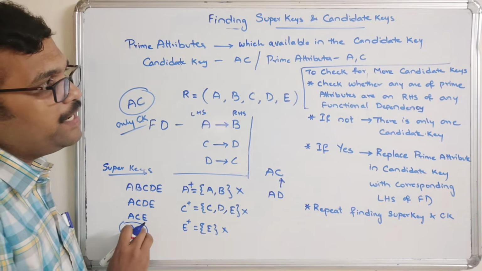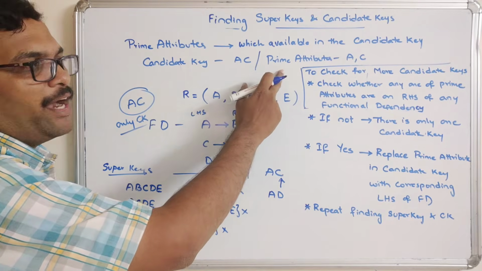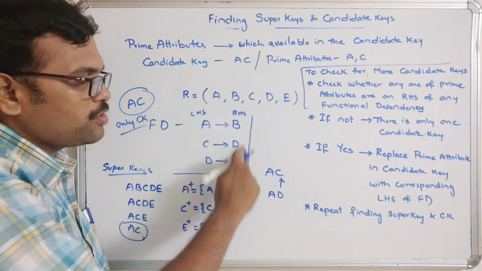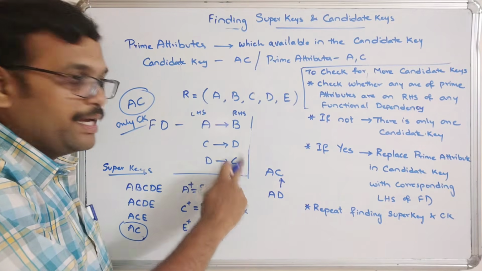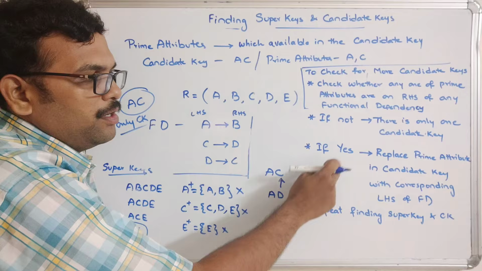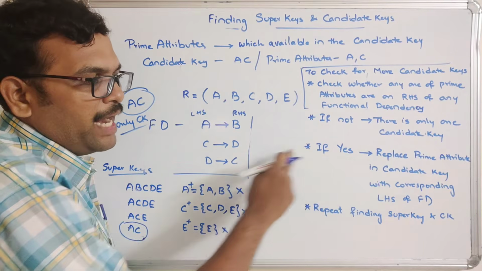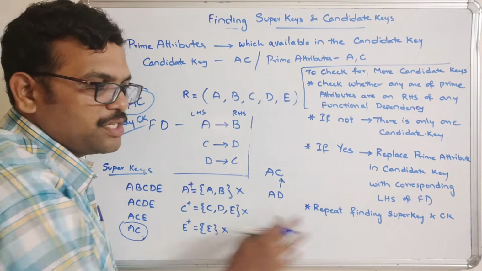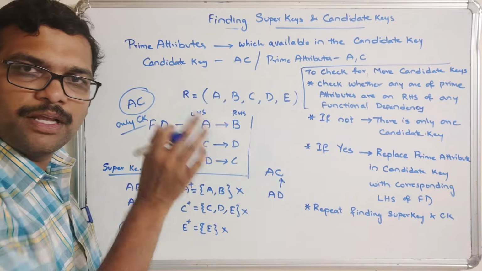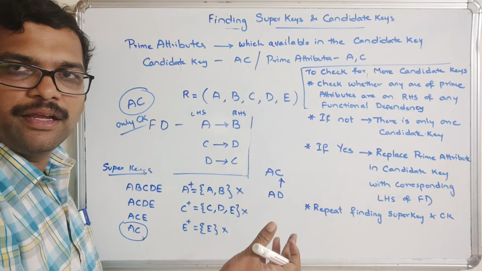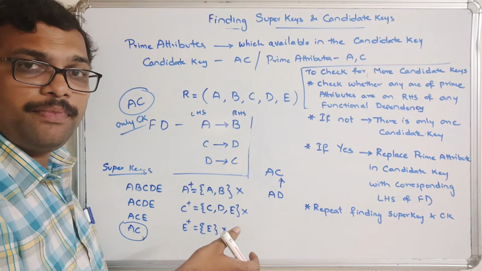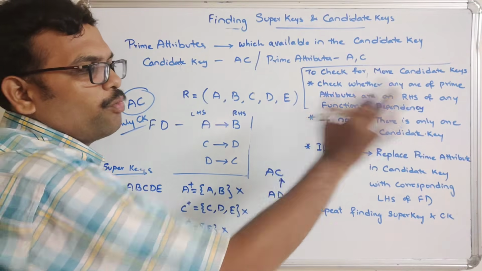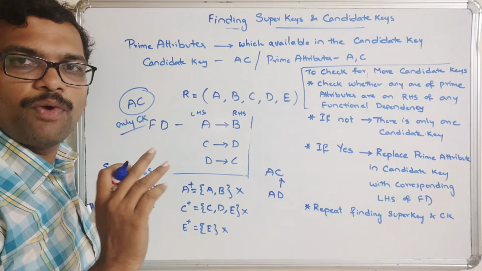From that candidate key, we find the prime attributes. We check whether these prime attributes reside on the RHS of any functional dependency. If so, we replace the prime attribute in the candidate key with the corresponding LHS of the functional dependency and follow the same process: again find the super keys for those attributes and again find the candidate key. Repeat the same process. And if not, simply ensure that there is only one candidate key.